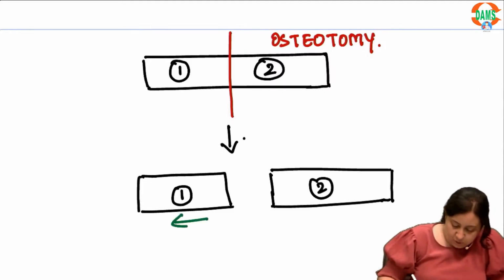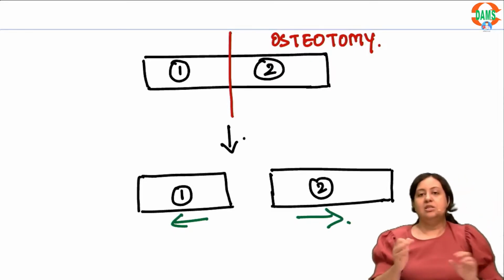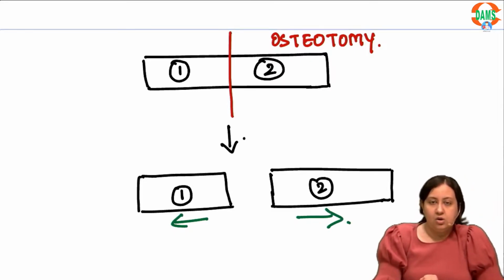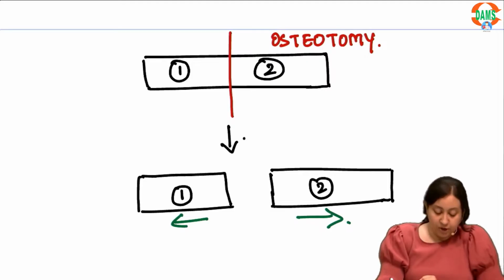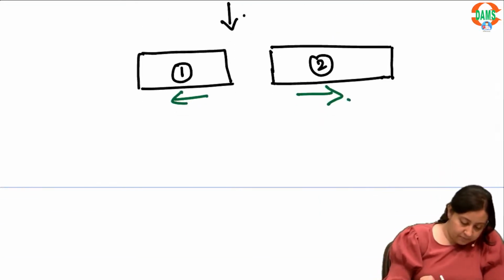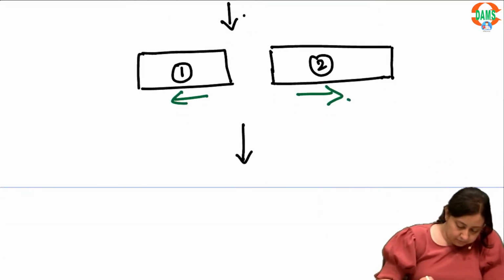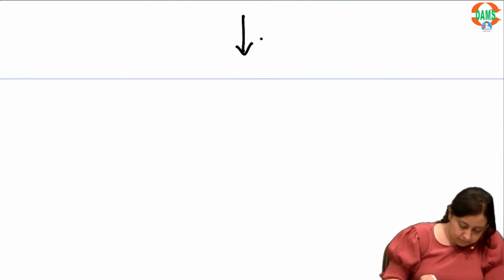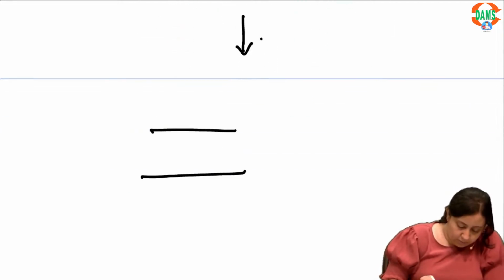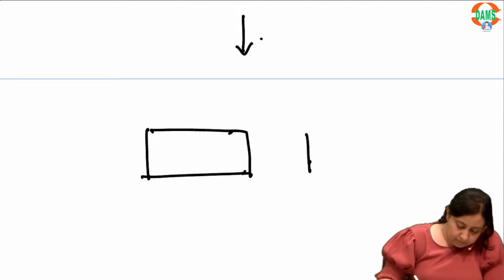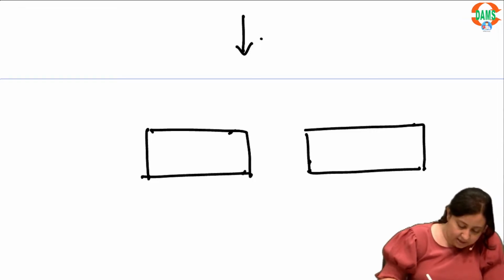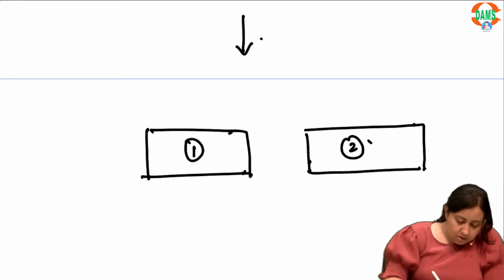So basically you are pulling the two segments apart. Osteotomy, first step, pulling the two segments apart. Now what will happen? Now the bone will try to regenerate, repair itself. So what will happen?